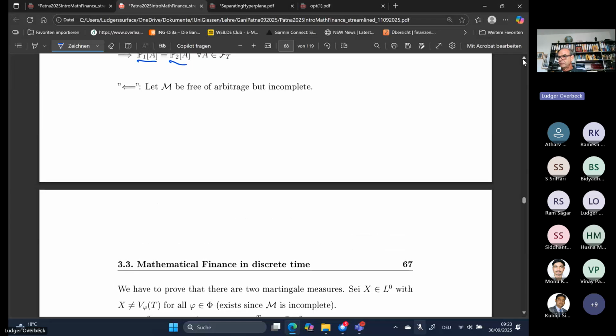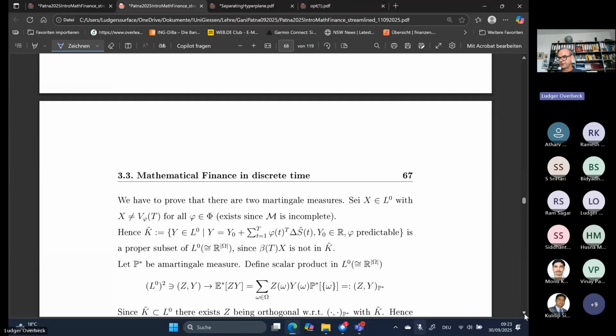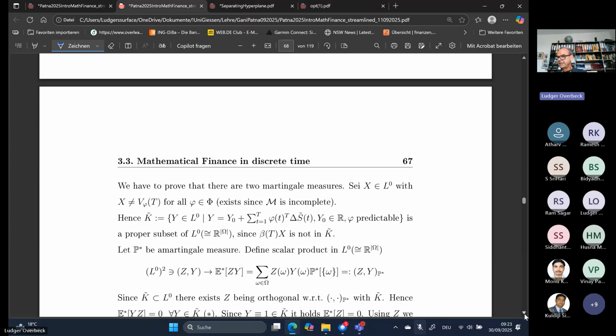Now we assume that it's incomplete, and we construct two martingale measures. If it's incomplete, this means, because it's a vector space, there will be one which is not in the set of attainable claims.